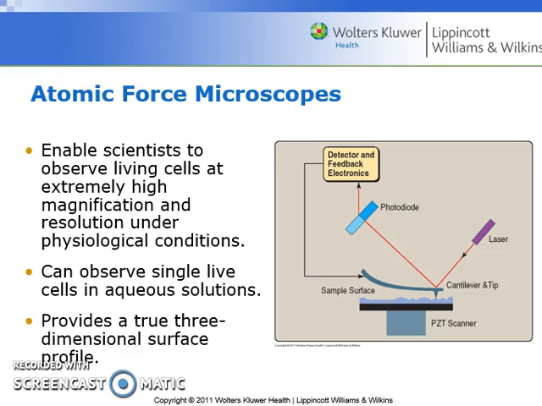With atomic force microscopy, which is also abbreviated as AFM, scientists are able to see living cells at a very, very high magnification and a very good resolution under certain physiological conditions.